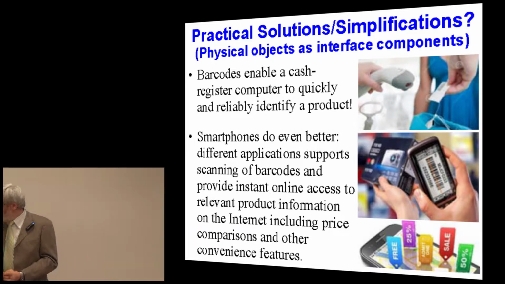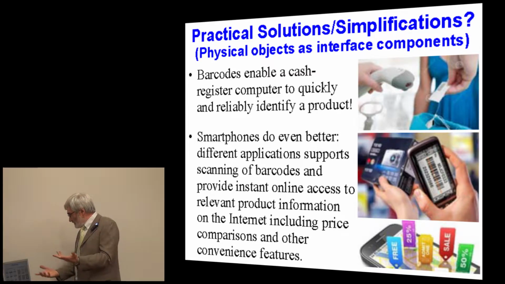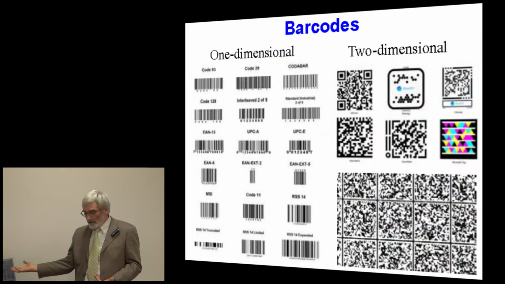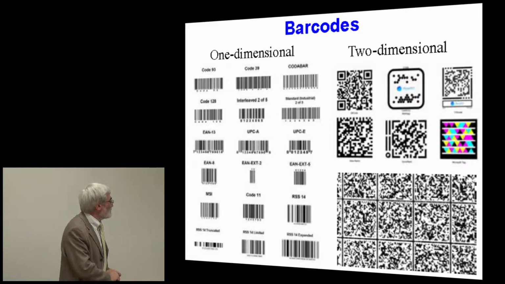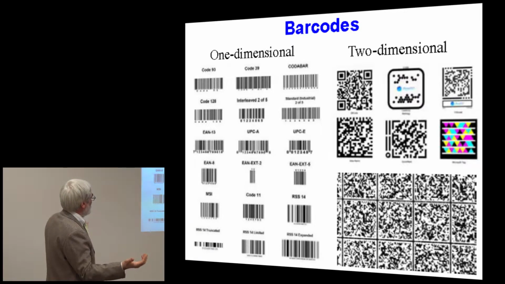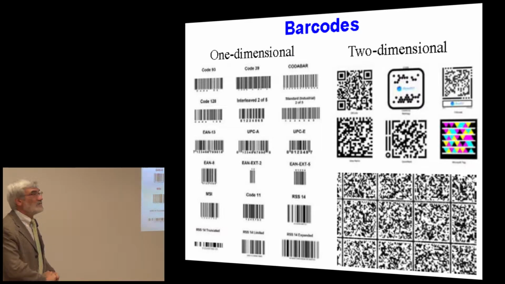Solutions are already around here. So maybe similar approach. Here are the barcodes, and those barcodes have been around for tens and tens of years. And there are so many of them, and yeah, they work. They work, but their functionality is very limited.